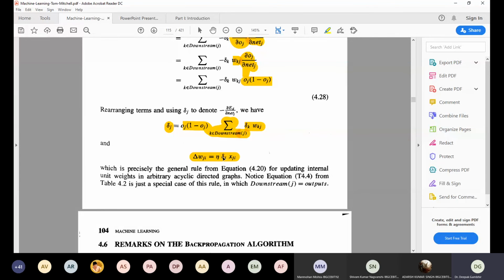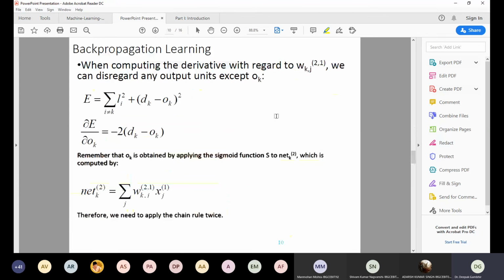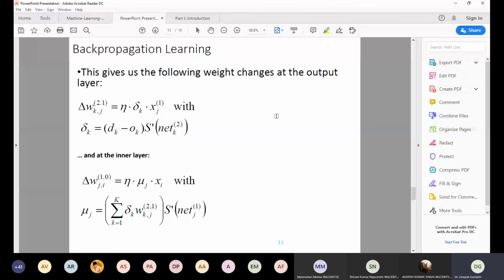They have used the same delta, but the result is different in both cases. So in my PPT slide, I have made them in a different way. I have written one as delta, the other as mu.